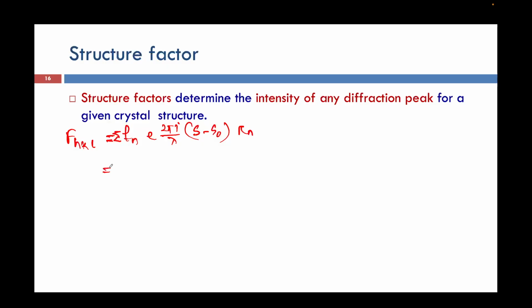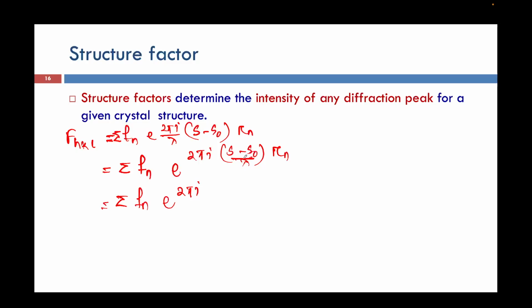So let's say I am writing the summation of Fn e to the power, here I can put 2 pi i (S minus S naught) by lambda into Rn, right? I can take S minus S naught by lambda, so this is the scalar form I have put. Now what is the direction?